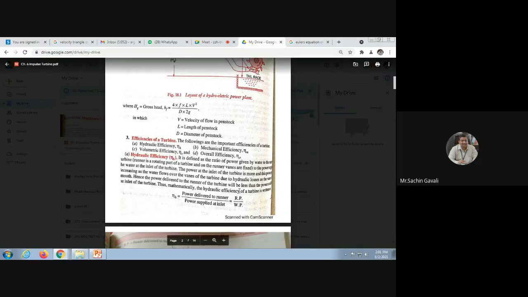Power of water available at inlet is calculated on the basis of gross head, and power delivered to the runner is reduced due to friction. Some of that energy decreases due to friction, so the power available at the runner will be less, and the power available at inlet is calculated by the gross head.